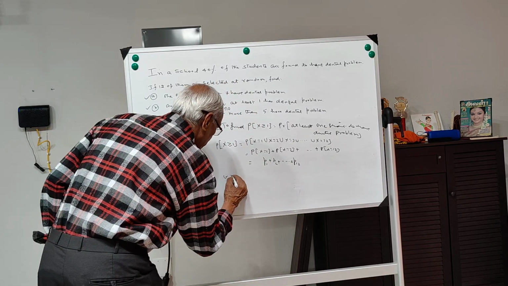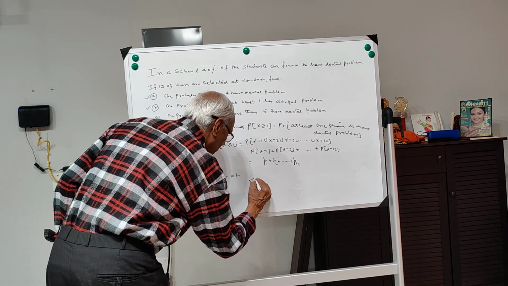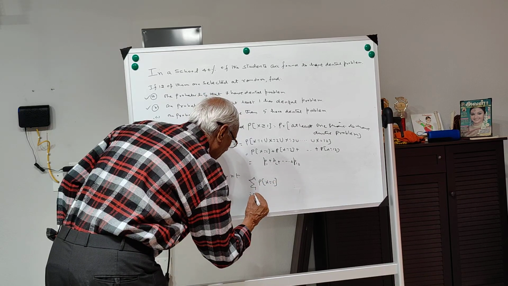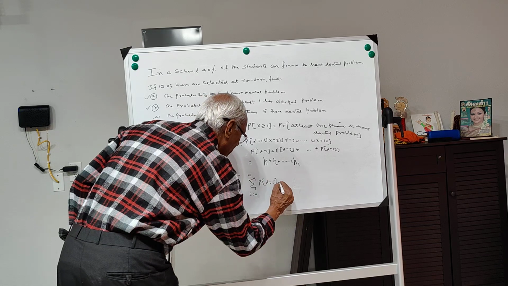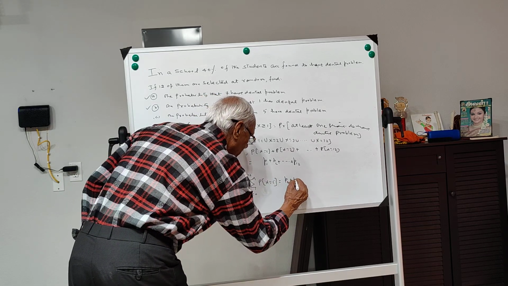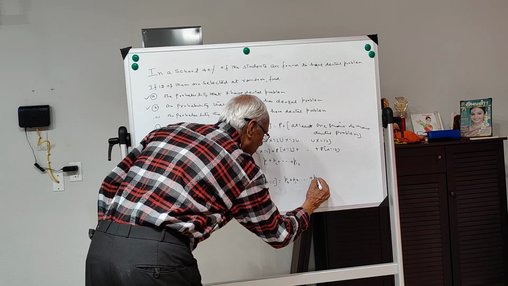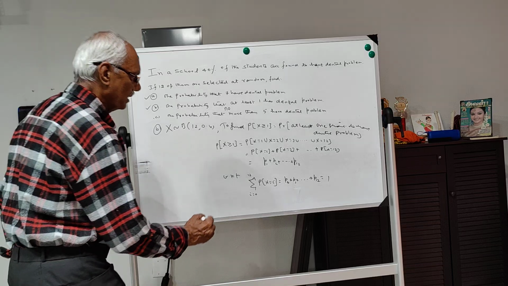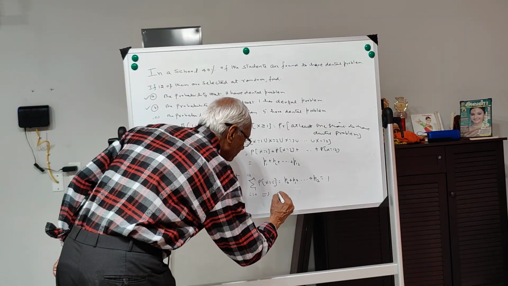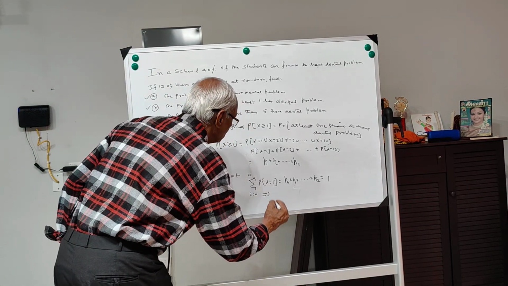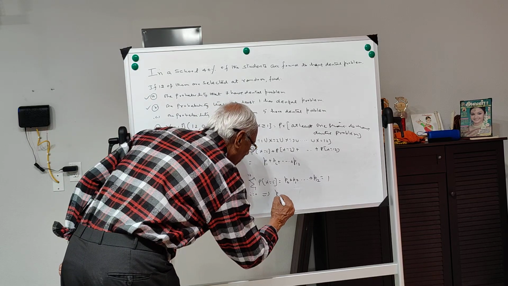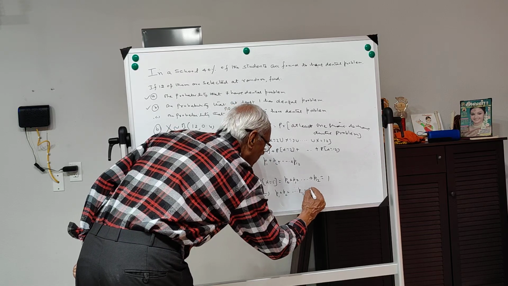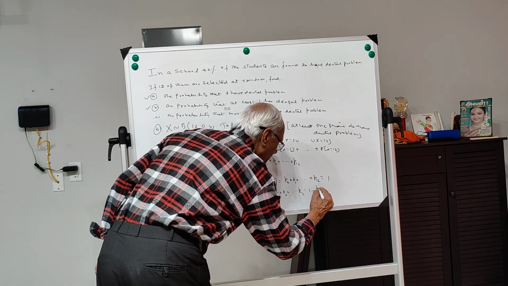We know that the sum of P of x for i equal to 1 to 12 is P0 plus P1 dot dot dot plus P12, which is equal to 1. The sum of the probabilities is always equal to 1. So this implies P1 plus P2 plus dot dot dot P12 is equal to 1 minus P0.